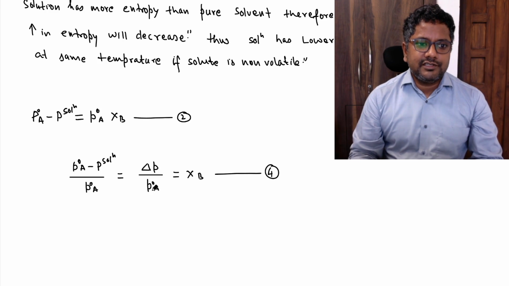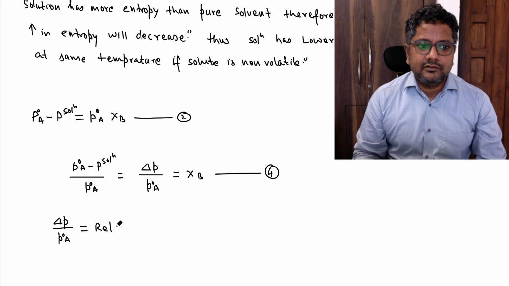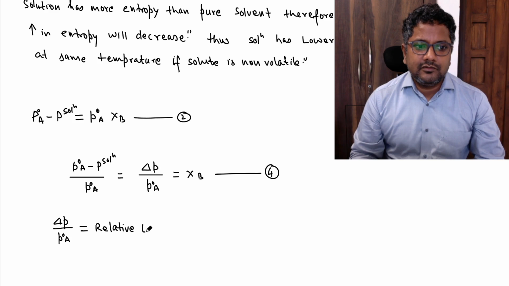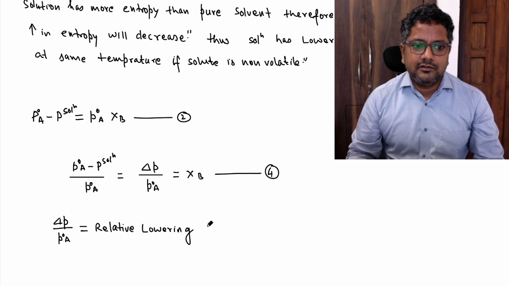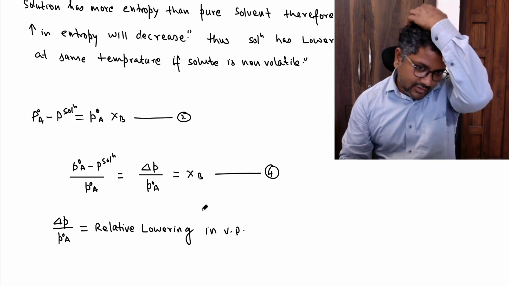You know what this term is called? This term delta P by P naught A is called relative lowering in vapor pressure, and this is equal to the mole fraction of non-volatile solute.